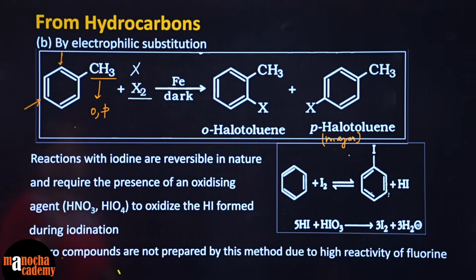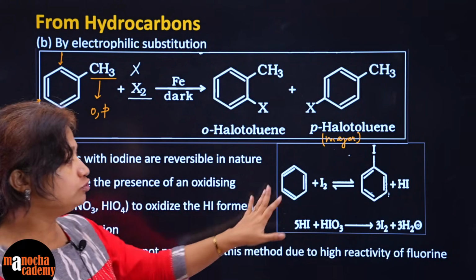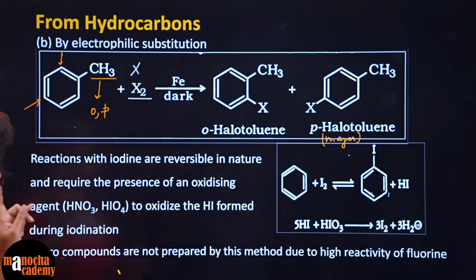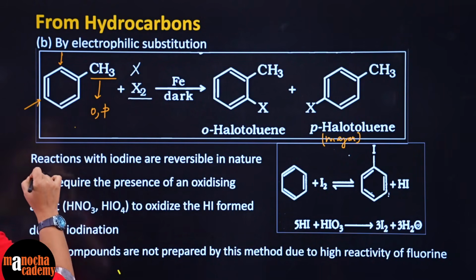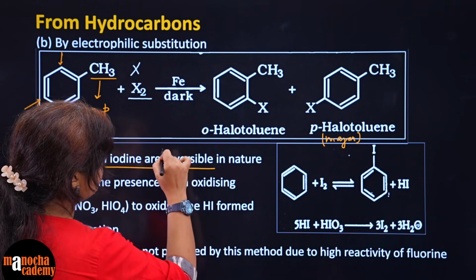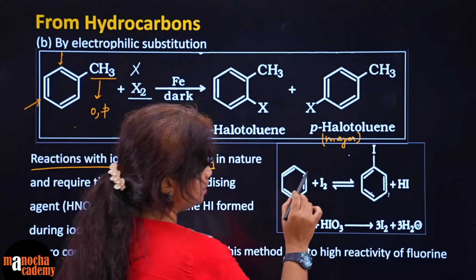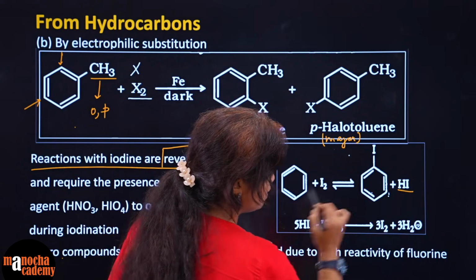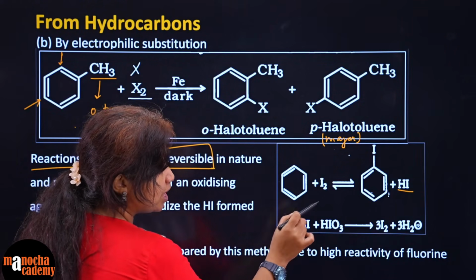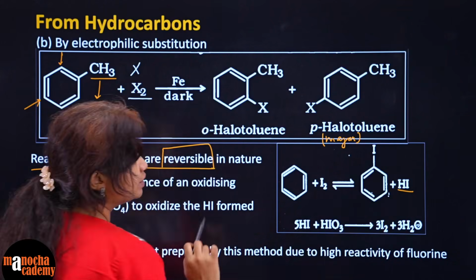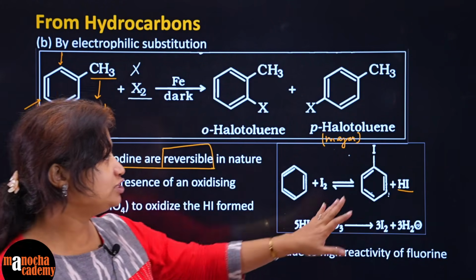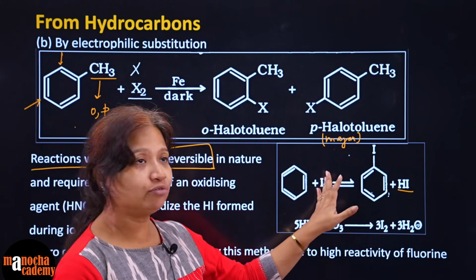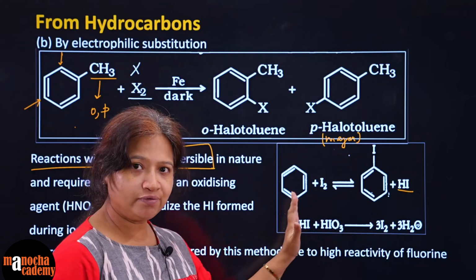Now similarly with iodine you do the same thing, but here you have a catch. The reaction with iodine is actually reversible, as you can see here. You get HI as the byproduct, and that HI will also get converted back to iodine. It's a reversible reaction.